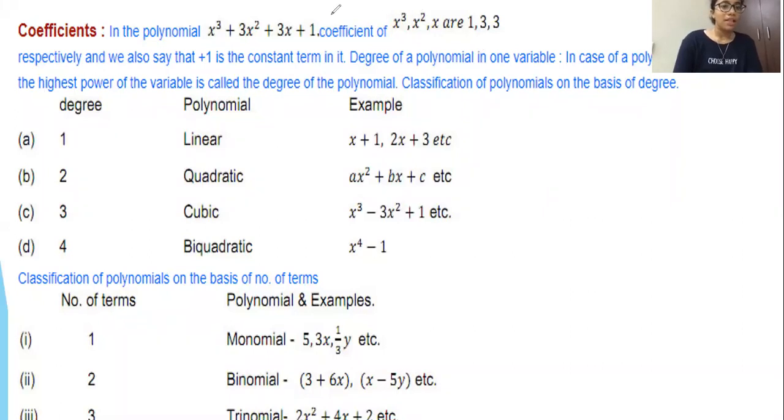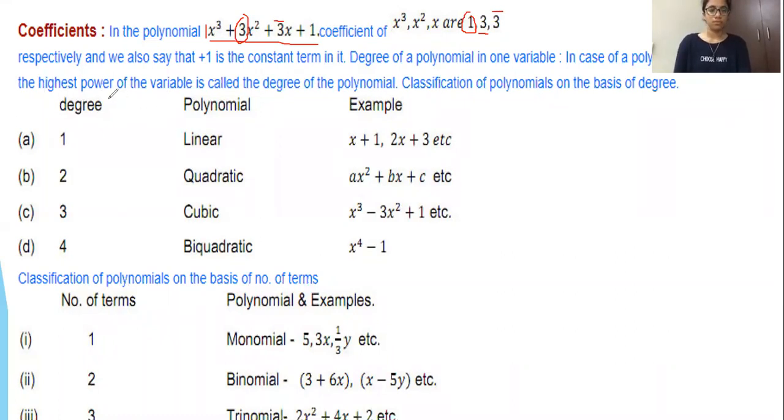Okay, we are saying that. So here the polynomial x cube plus 3x square plus 3x plus 1 is there. Here where nothing is written, the coefficient is 1, the first one. Here the coefficient is 3. Next coefficient is again 3. The constant has no coefficient. So variables have coefficients. Clear? Now, Shifali.